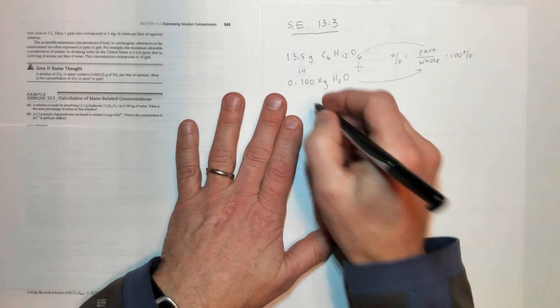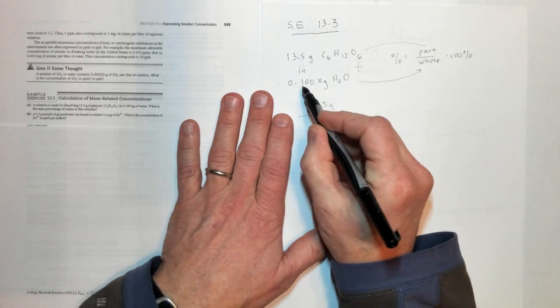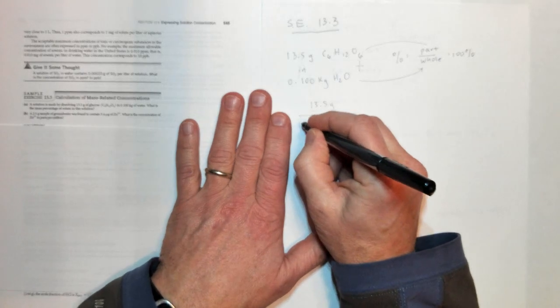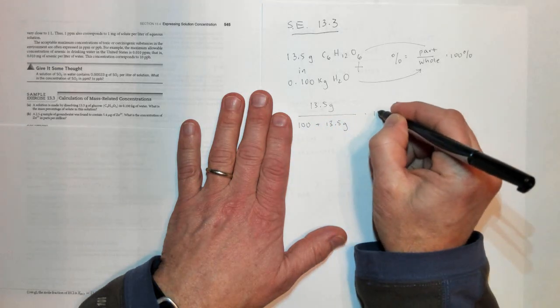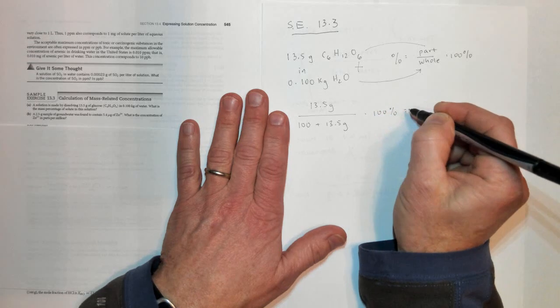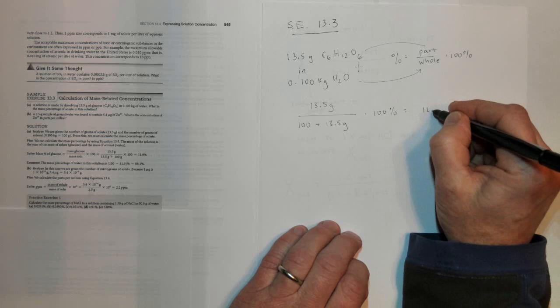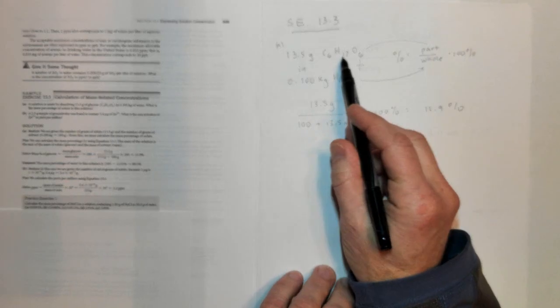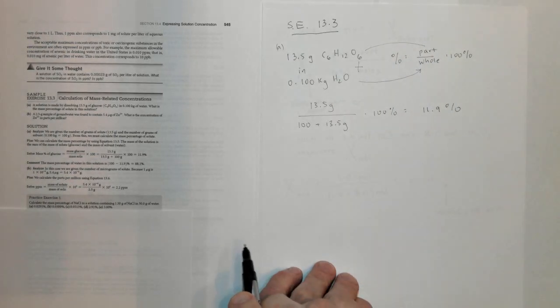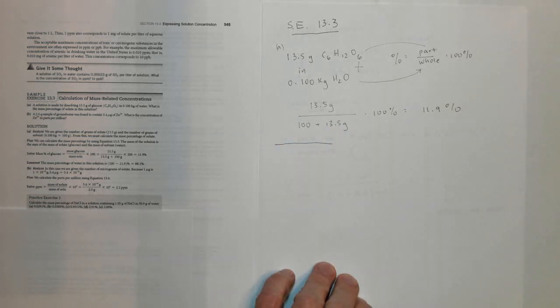So the top would be 13.5 grams, and the bottom would be grams, 100 plus 13.5 grams, and then we'd multiply that by 100%. Running that through our calculator, we would end up with 11.9% for a mass percent for that 13.5 grams of glucose dissolved in 100 grams of water.